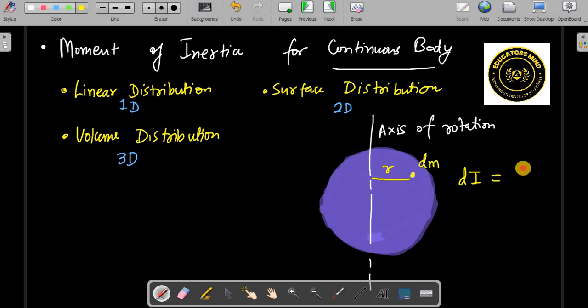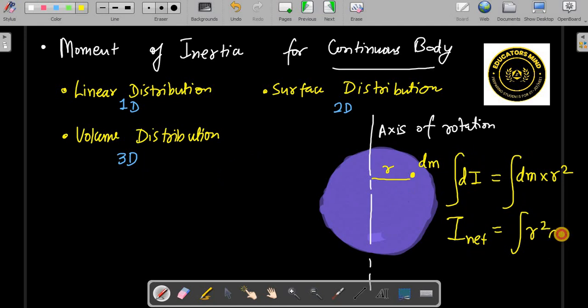Small inertia is the mass dm into r square, right? The small inertia due to that, and then we can integrate over the entire body to calculate the net inertia about that axis, right? r square into dm I will write. Okay, that's the calculation that we are going to do for all kinds of bodies.